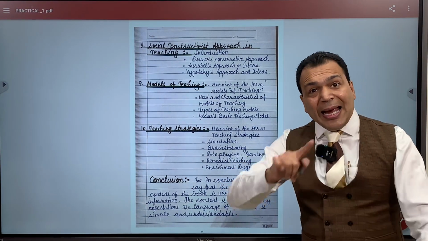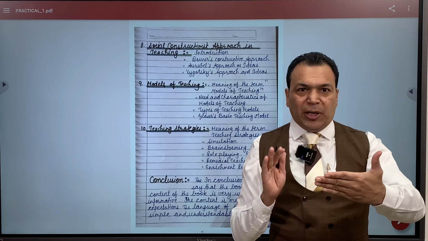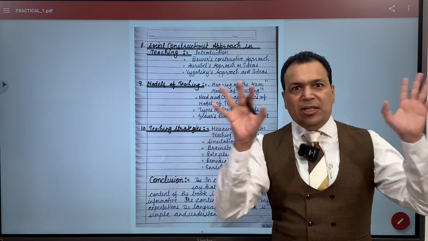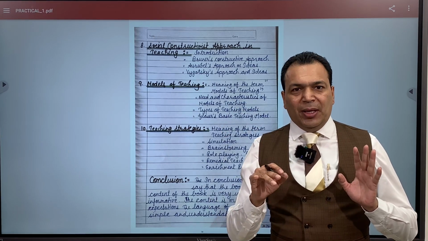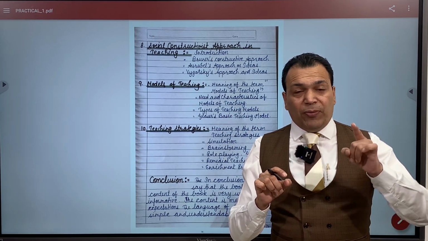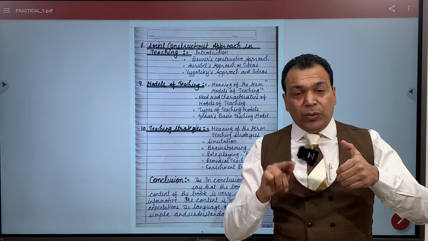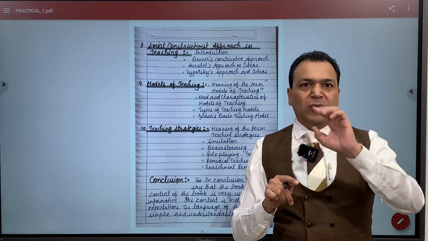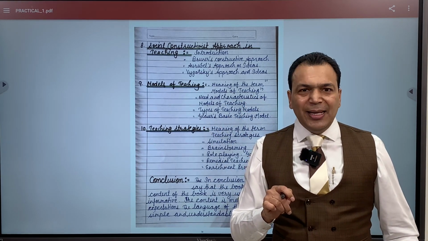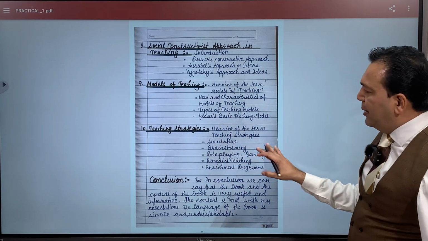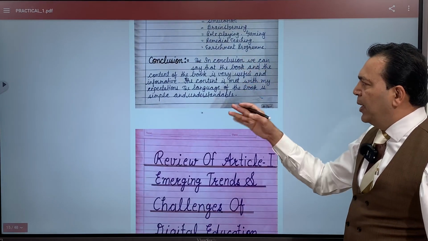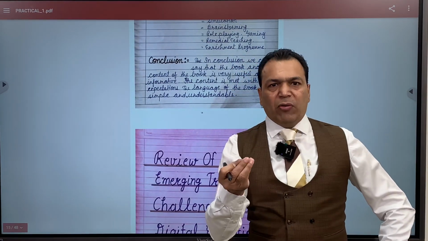Even the examiner, if you have mentioned a particular book, knows each and every book regarding education. If you didn't go through the book, he can question you, why have you not written this? So you have to see the book also. Then teaching strategies and conclusion. He has written a conclusion in 3 or 4 lines.